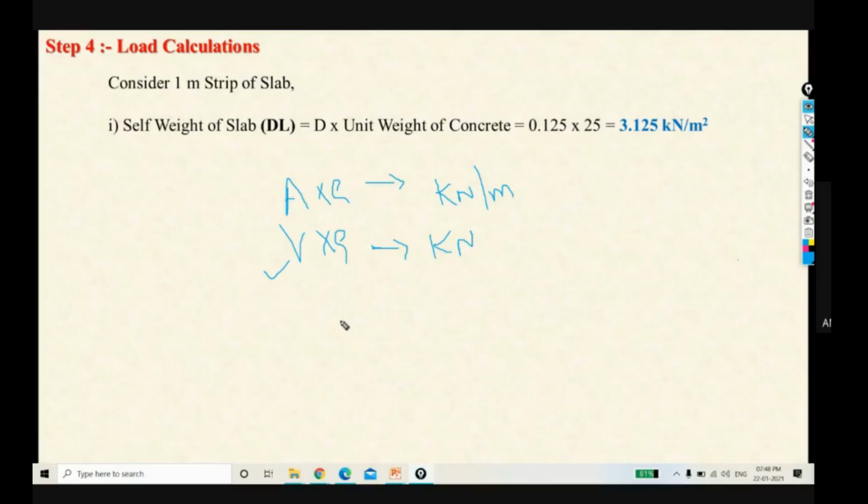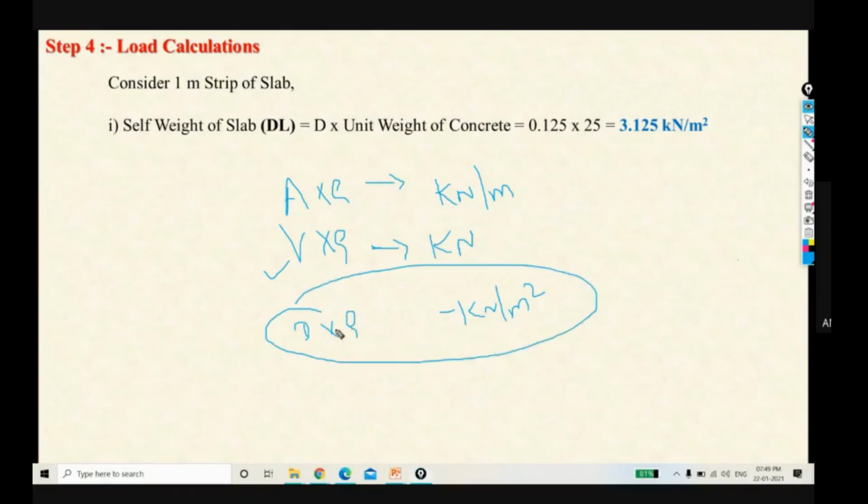Another point is there. If we require load in kilonewton per meter square, in that case we will consider one dimension into density. Here we will consider only one dimension because initially we are calculating our load per meter square.